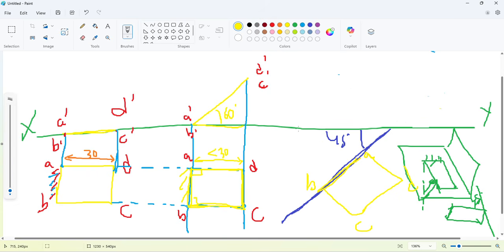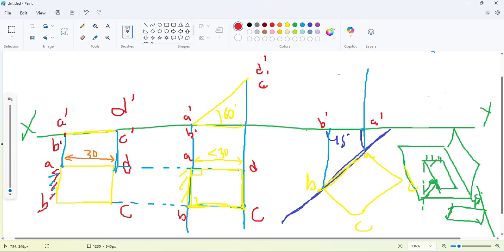From this top view we have to trace out the front view. So again from this point A, create a vertical line, and here again A dash is on the horizontal reference line, so this is going to be the intersection point. So this point is going to be A dash. Now you have to trace the B dash, which is again on the same reference line. So this point is going to be B dash.